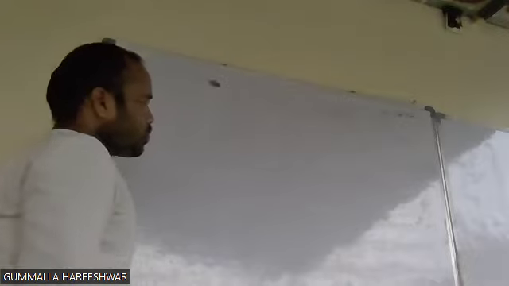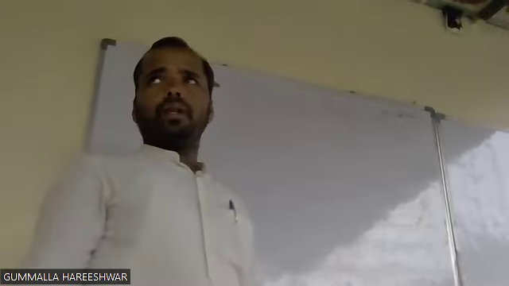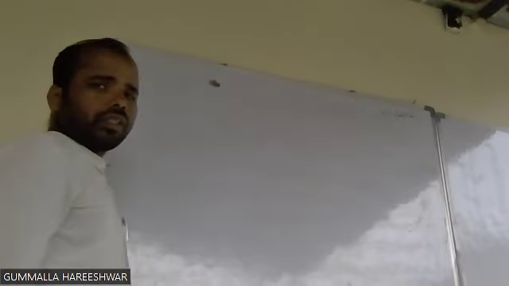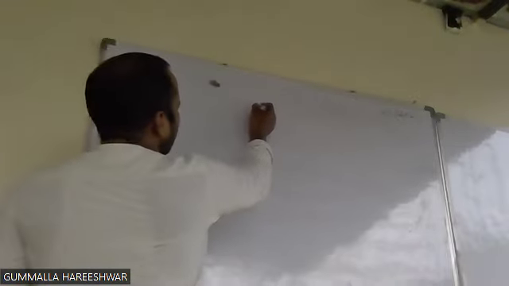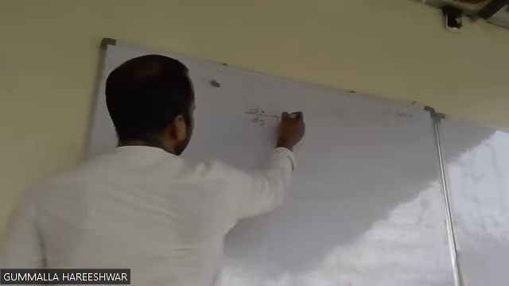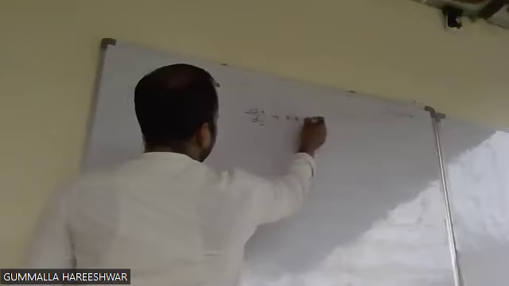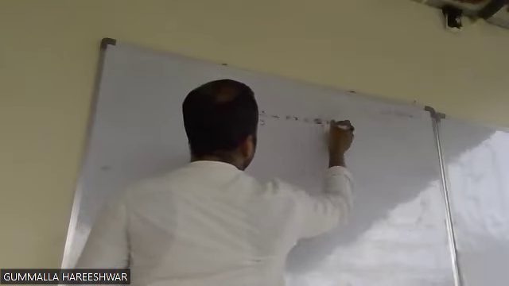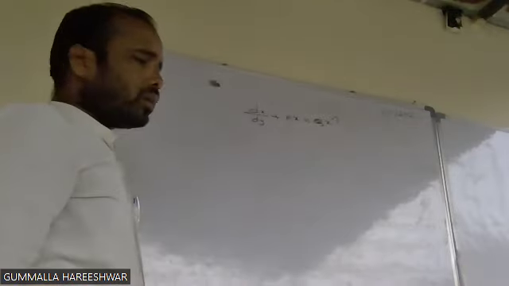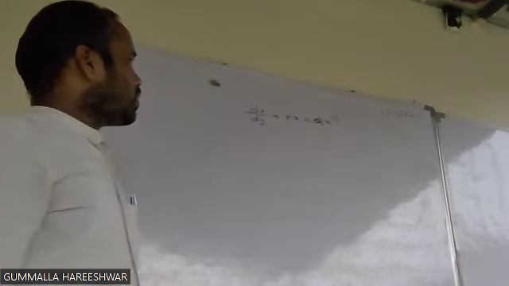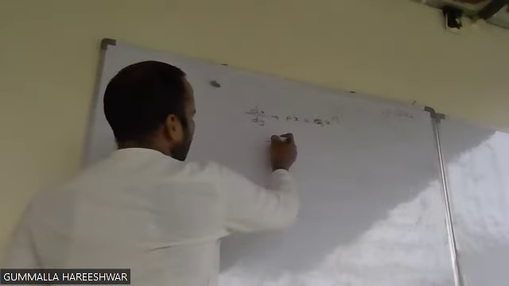So far we have seen Bernoulli's equation in y. Similarly, we can see Bernoulli's equation in x, that is in the form dx by dy plus px equals q x power n.